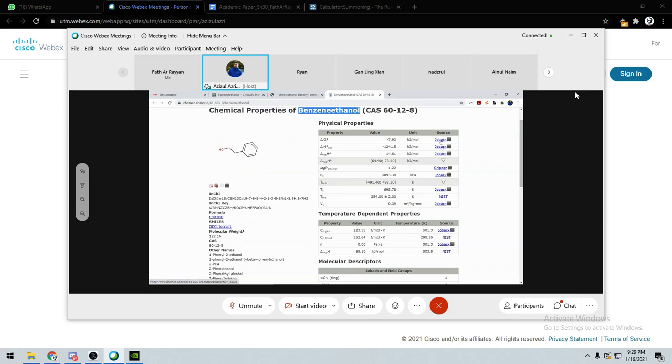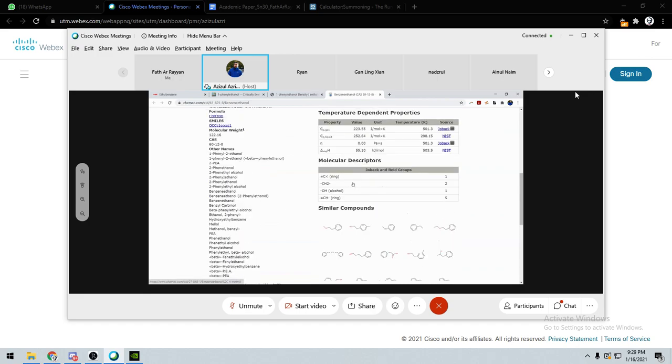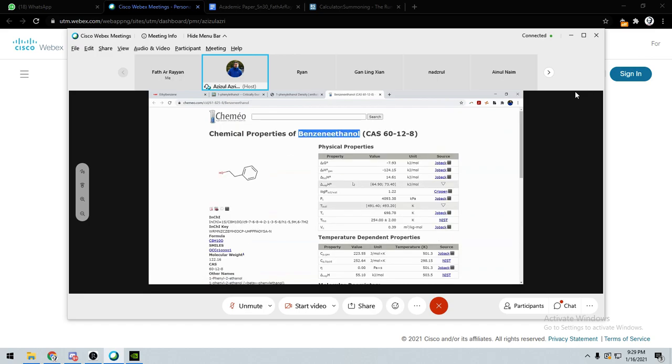Using these sources, for example, there is an equation written, and this is from NIST. You can get the HF gas, and you can get the CP gas and CP liquid. From my search, I found that from these three sources you can get most of the data.